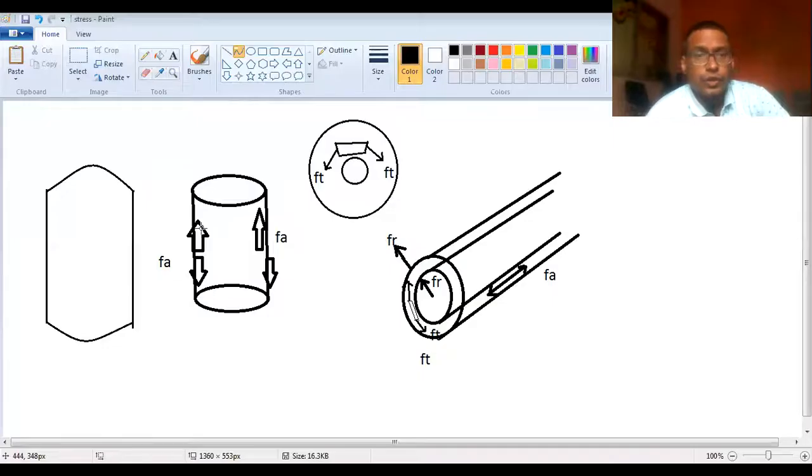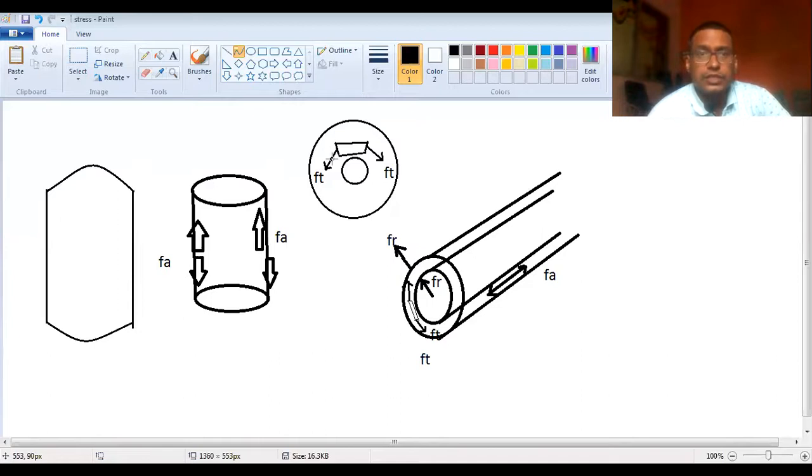We can draw this in this figure. These are the axial stresses. Now, this is the axial stresses that will be acting.